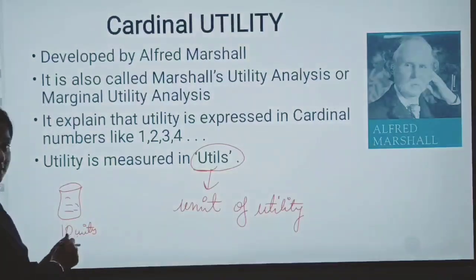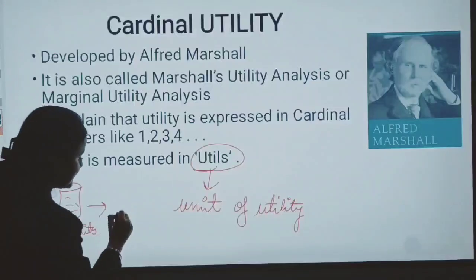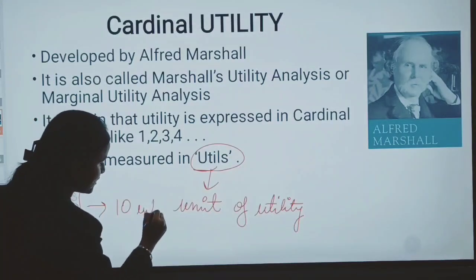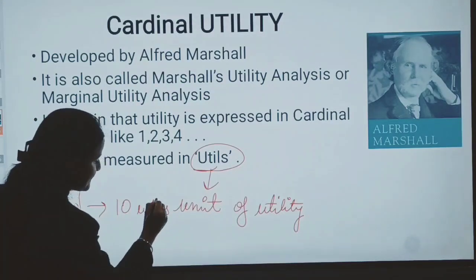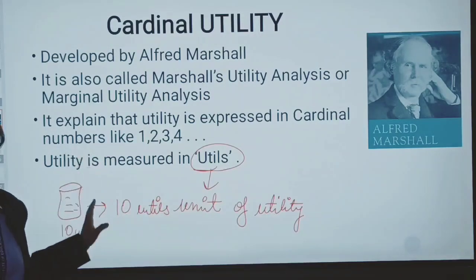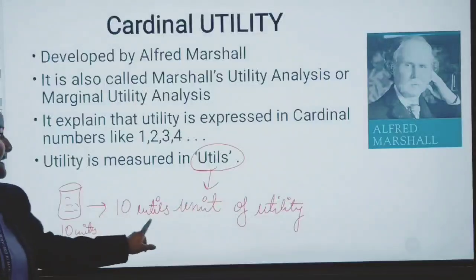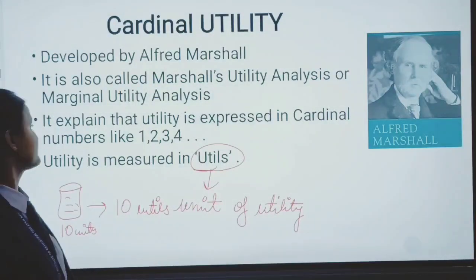If it is of 10 units, then you can say that you are getting 10 utils of satisfaction. This is how you can say from the Cardinal approach that by consuming 1 glass of water, you are getting 10 utils of satisfaction.